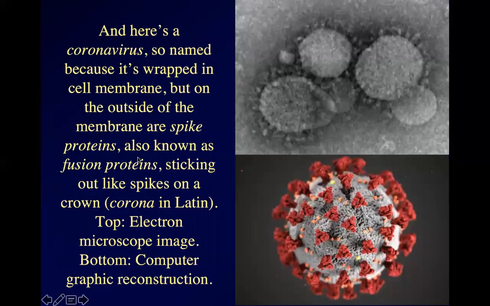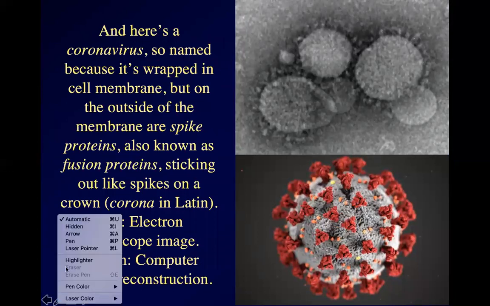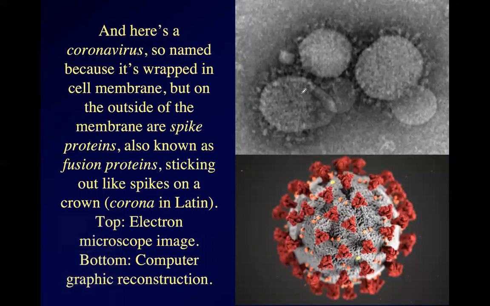Okay, and here's coronavirus. It is wrapped in cell membrane as well. The actual capsid is going to be inside here somewhere. Surrounding it is host cell membrane, but the virus, as it's assembling, also produces special proteins called spike proteins. You can see them, they're the things that are sticking out like this.